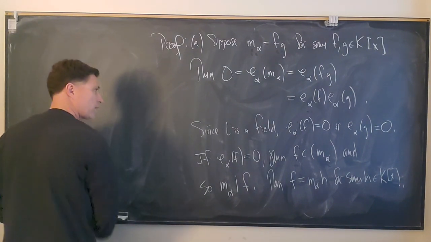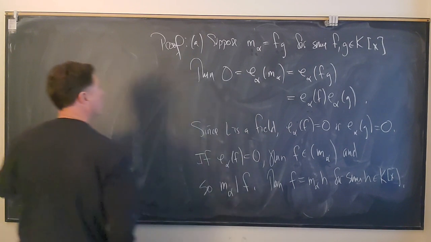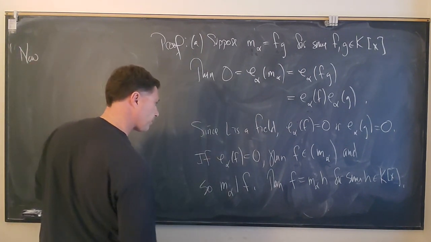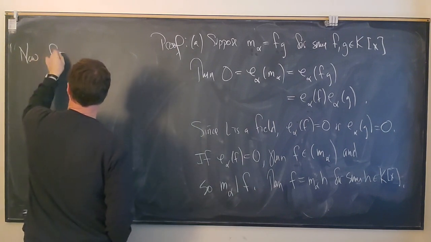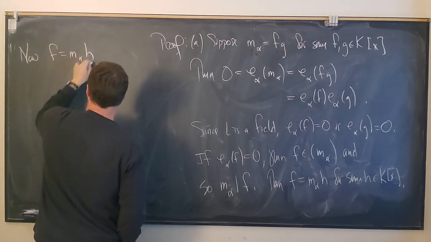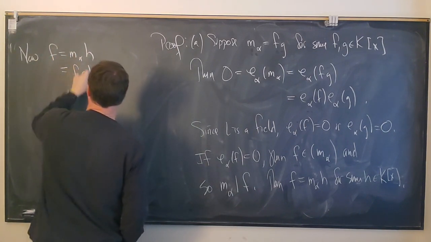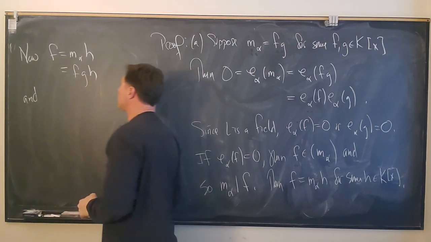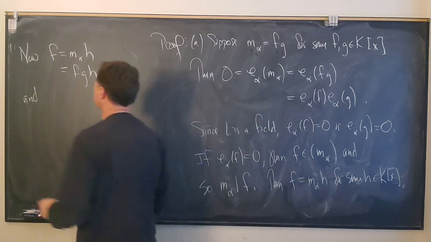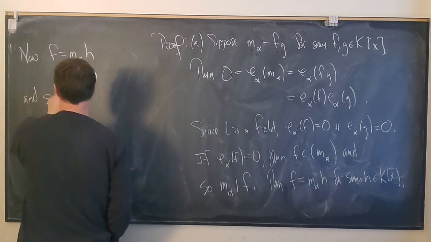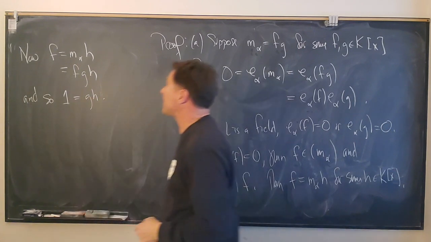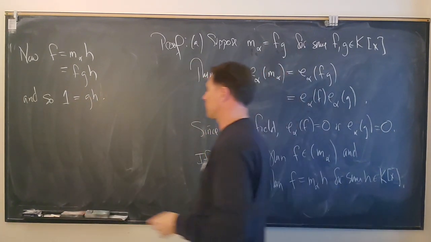Okay, so now what do we have? f equals m sub alpha h, which is equal to f g h. And so now we can do cancellation because we're in an integral domain. And so 1 is equal to g times h. What does that tell us? It tells us that g is a unit.